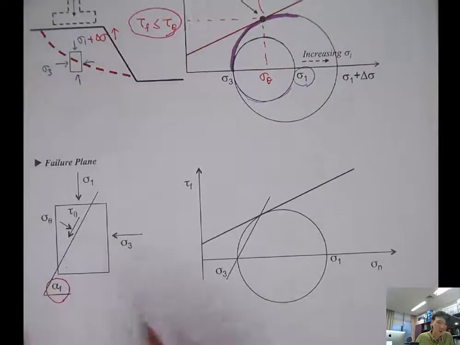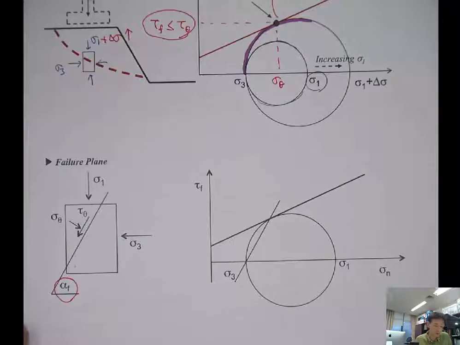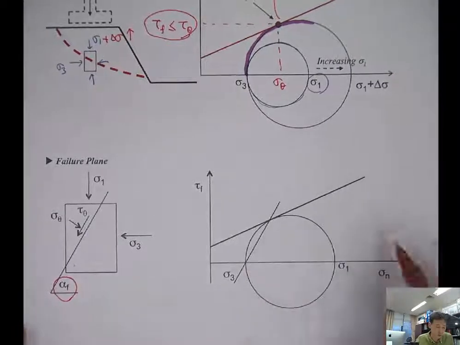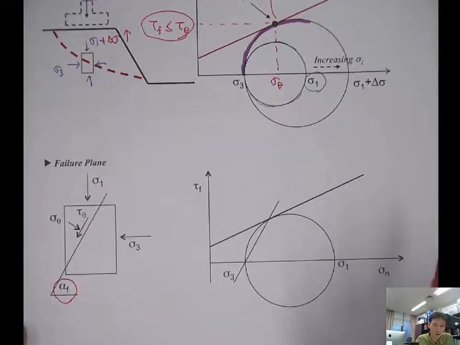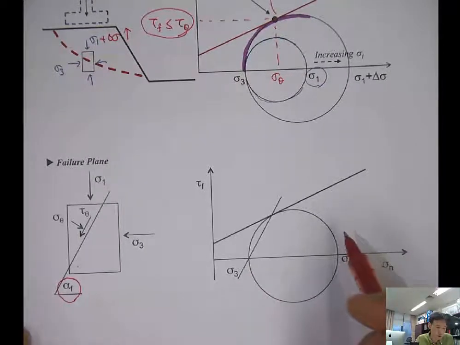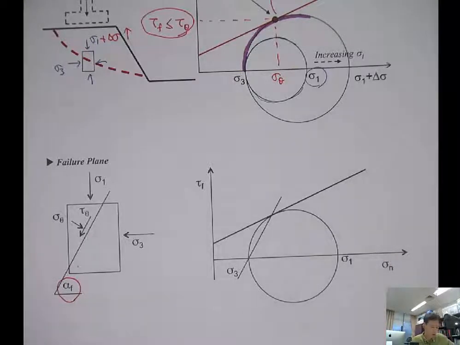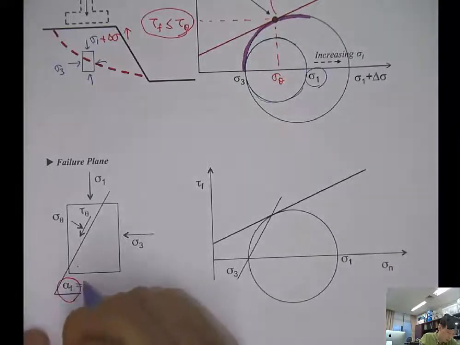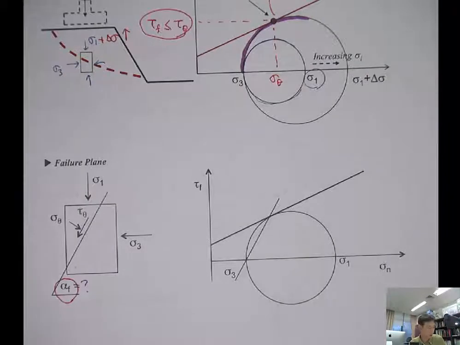Can we find the alpha f from this Mohr-Coulomb criteria? So Coulomb frictional criteria and the Mohr circle. What's the alpha f? That's the question here.